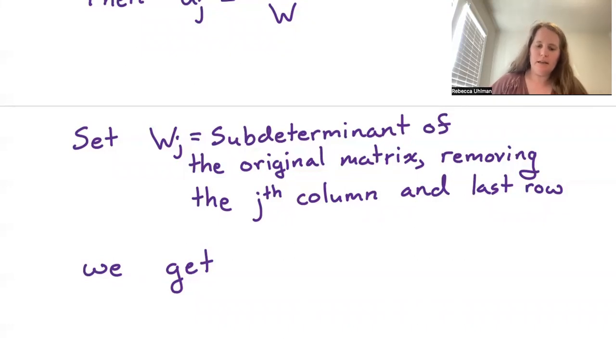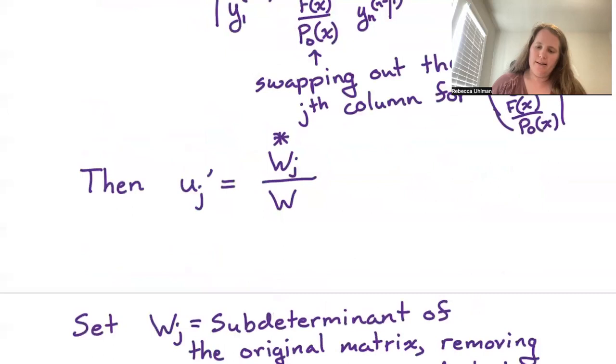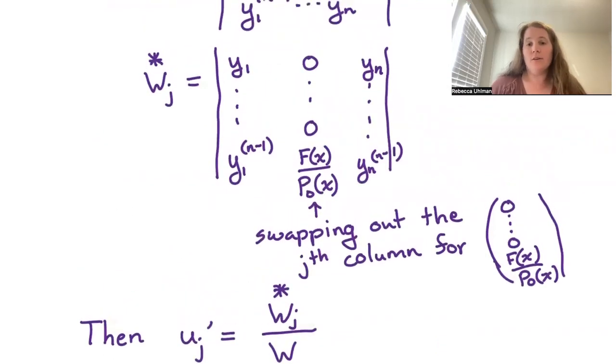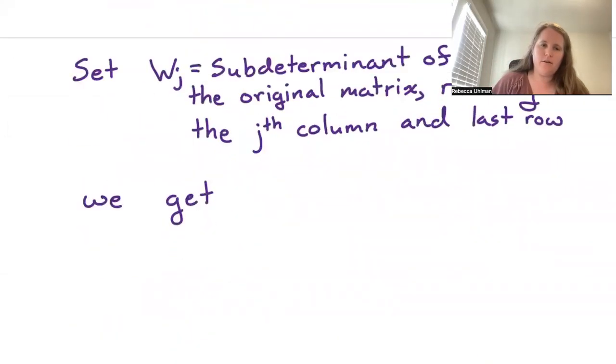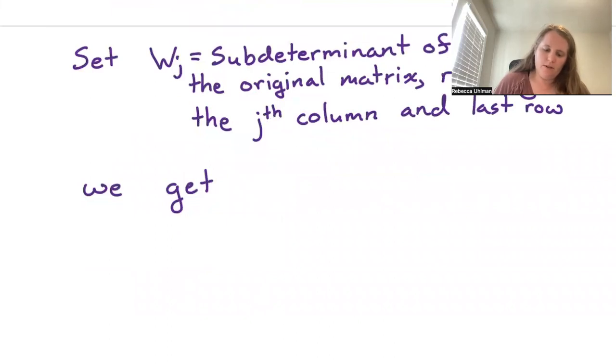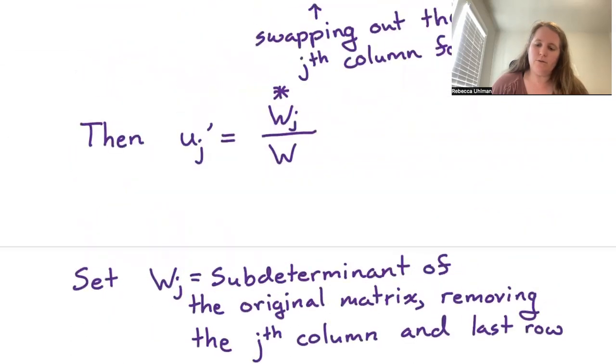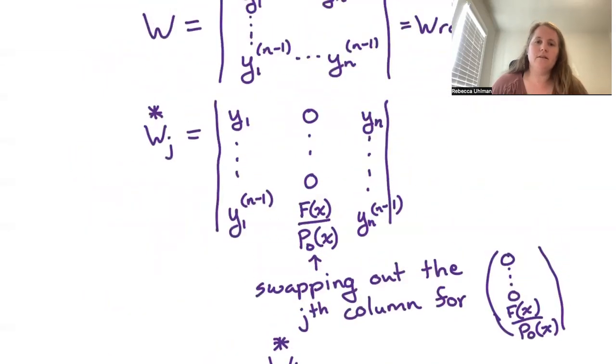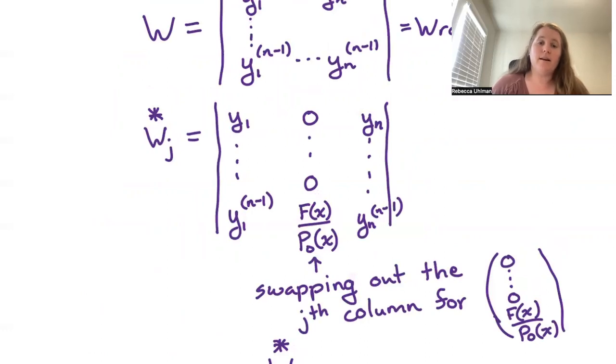so we wind up getting, due to the fact that that jth column is now all zero except the last row, that our Wj star is simply equal to the part of the determinant based off of that f of x over p naught of x in the jth column and last row.